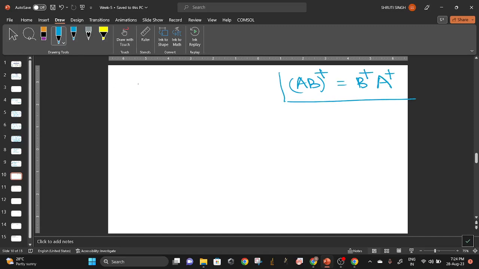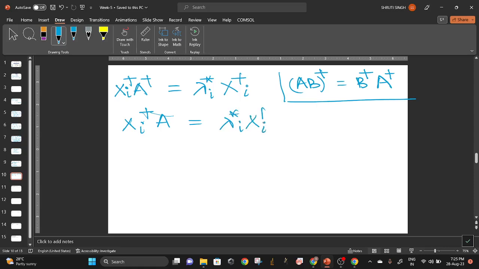So (A xi) dagger will be xi dagger A dagger, and this is a number, so this will be lambda star xi dagger. Okay, now A dagger is equal to A, so xi dagger A is equal to lambda star xi dagger.